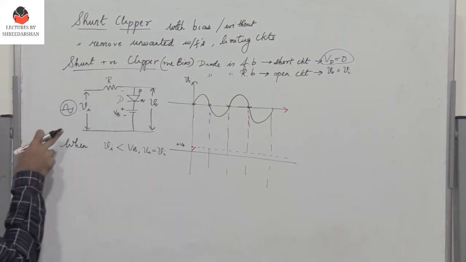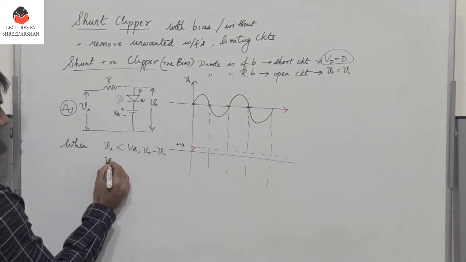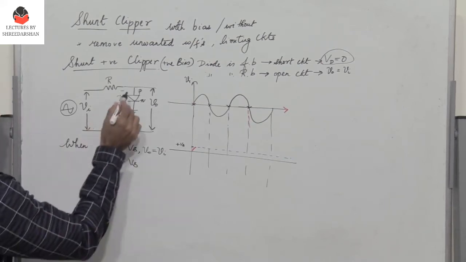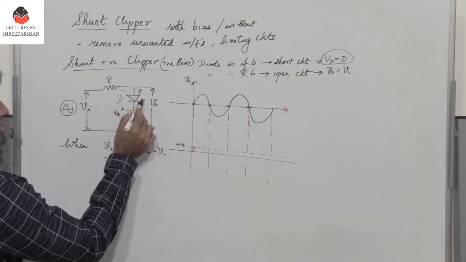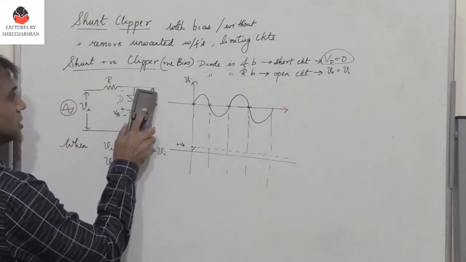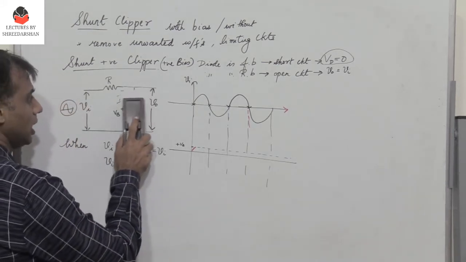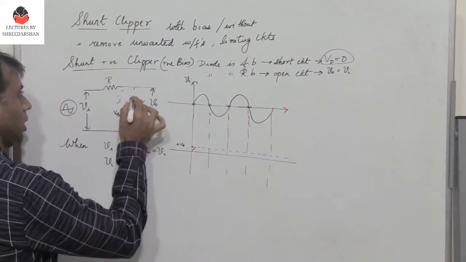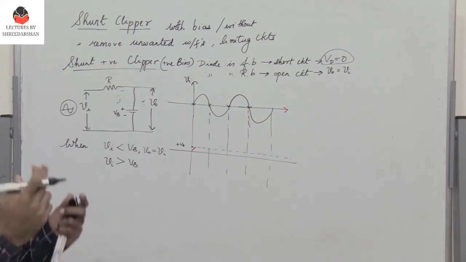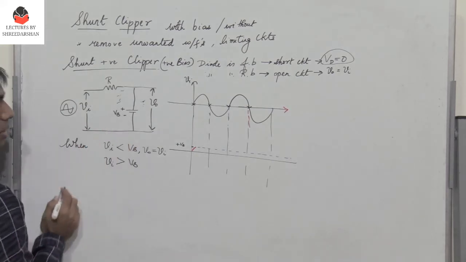But what happens when the input voltage Vi becomes greater than VB? When it becomes greater than VB, then this PN junction diode is forward biased. When it is forward biased, it behaves like a short circuit. So I can replace this by a short. And what is the output voltage? The output voltage is not 0 as in the previous case, but is equal to plus minus VB.